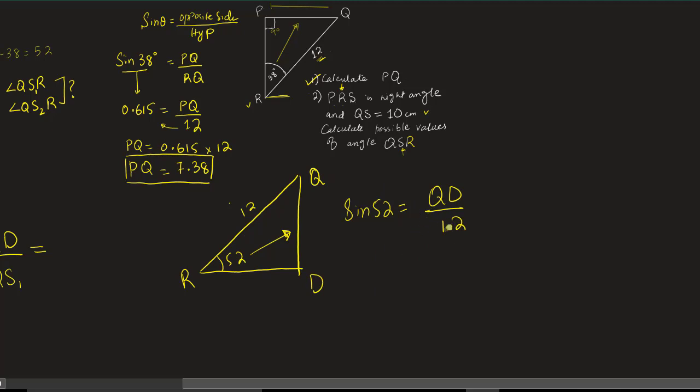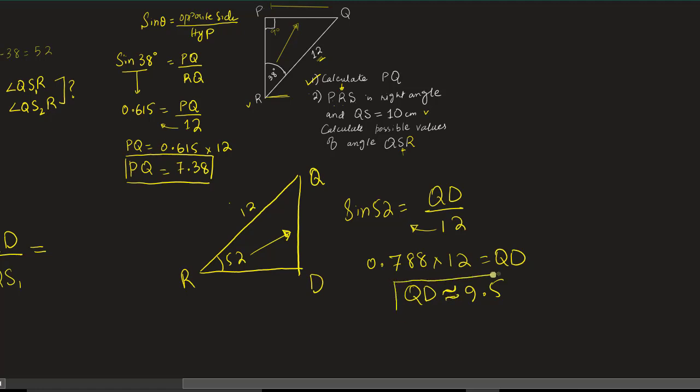So sine 52 is actually 0.788, and this 12, when it goes to the other side, will multiply with 0.788. 12 times 0.788 is equal to QD, and then QD is equal to 9.5, equivalent to, okay, why equivalent?